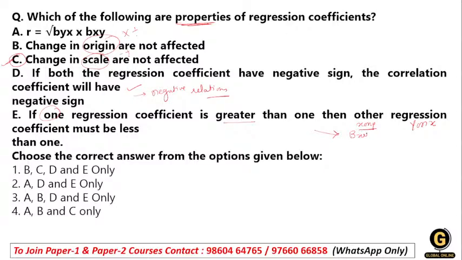So we calculate two values, bxy and byx. If the value of bxy is greater than 1, that means 1.1, then the value of byx must be less than 1, that means 0.80 or 0.40. It depends on the data, so this is also a property of the regression coefficient.